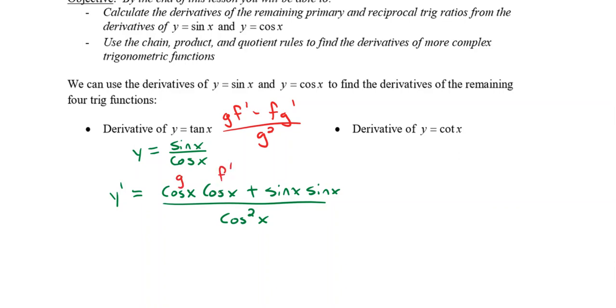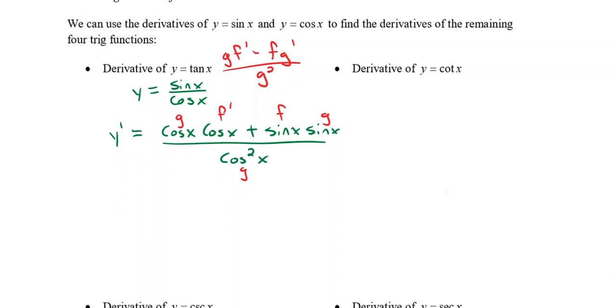F prime was my derivative of sine, which is cos. And then f, which was, so this would have been minus to begin with. So this was f. And then g prime was negative sine. That's why this became a plus, because it was minus and negative, so plus. And then that was our g there. Okay, so hopefully you guys can see that.